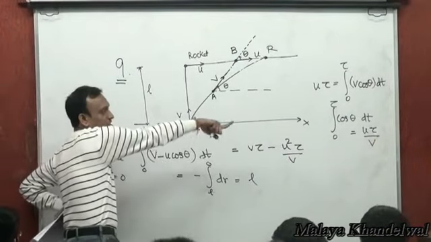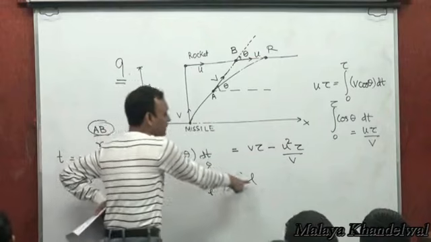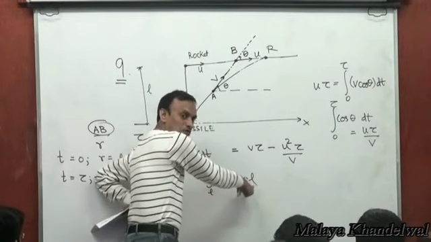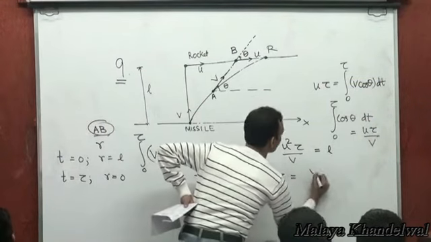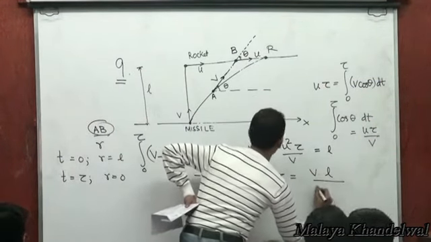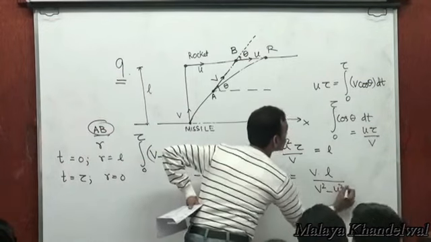When the integral of cos theta dt is replaced by U tau by V, that must be equal to L. So tau then becomes V into L by V squared minus U squared.